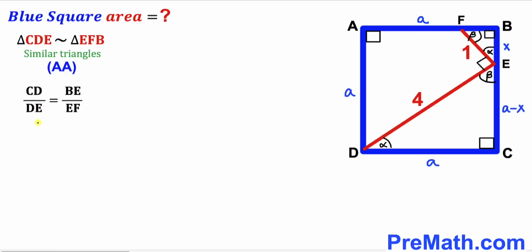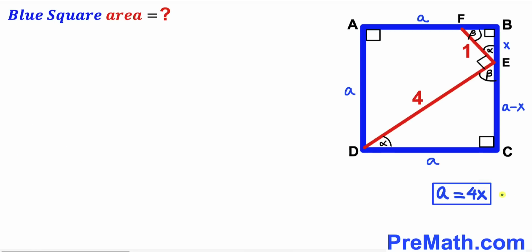So therefore, we can write a divided by 4 equals x divided by 1. Now we are going to cross multiply. a times 1 gives us a equal to 4 times x. So now we know our a value turns out to be 4x.